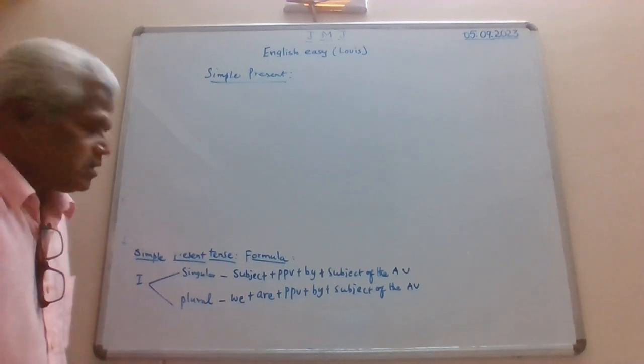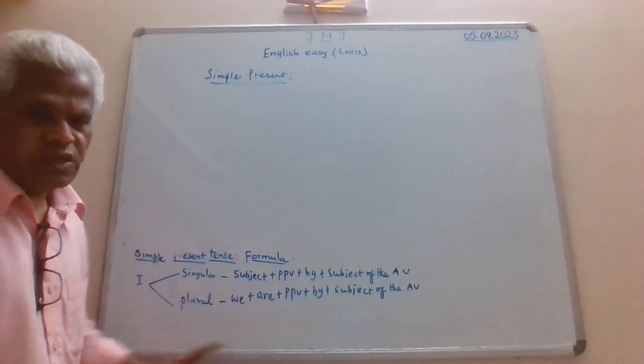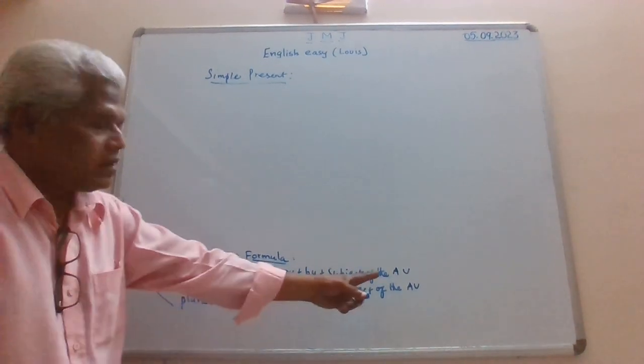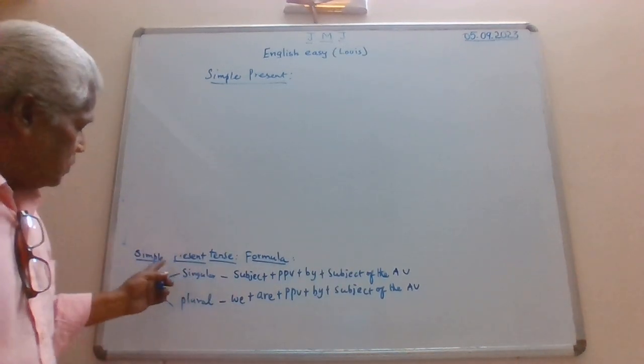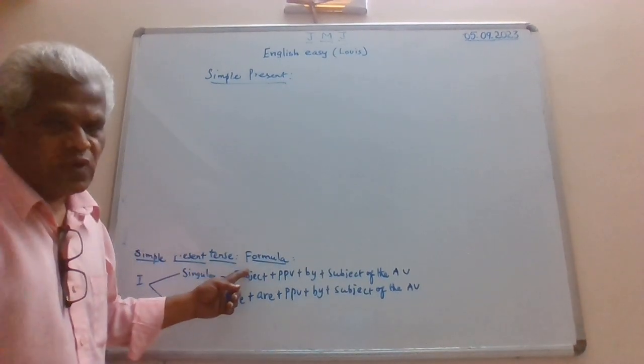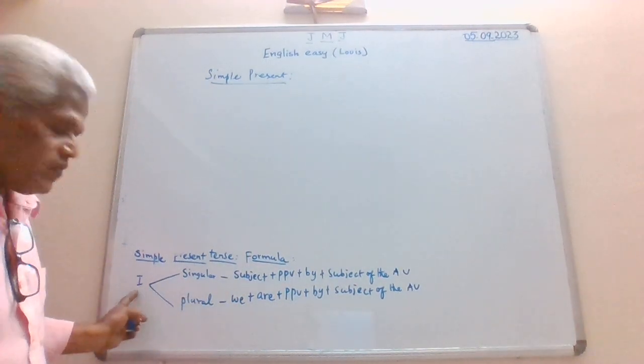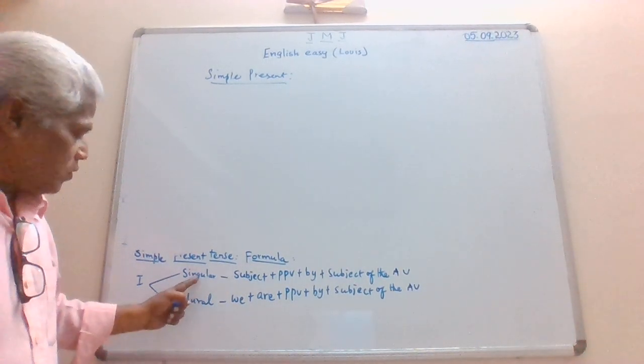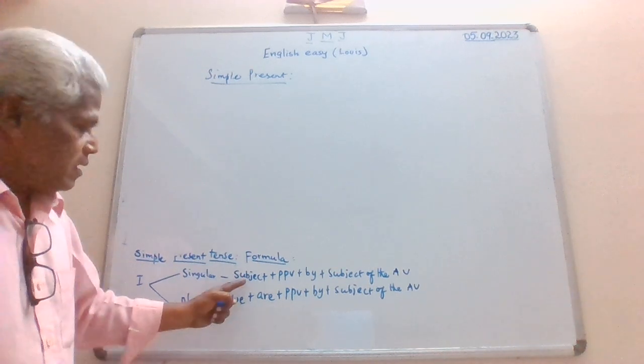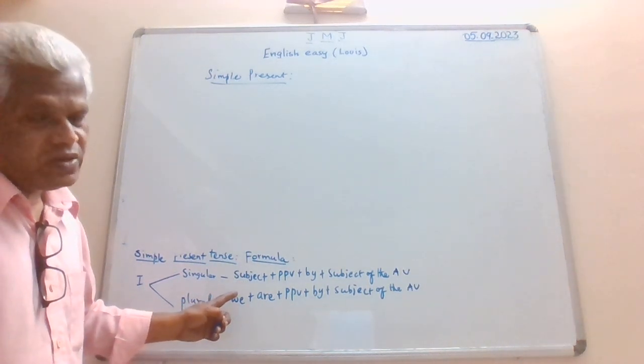Just go through this. Look at that simple present tense formula. Now this formula, see, I have written here: first person, singular, plural. Now this is in passive voice, of course.